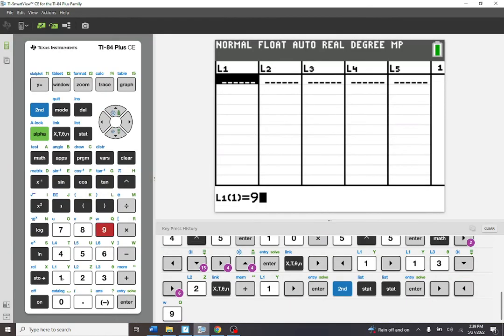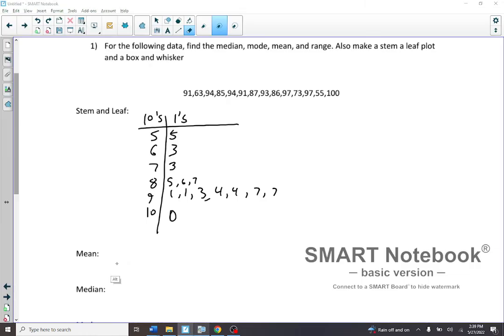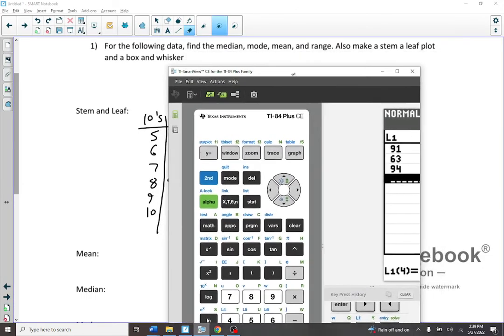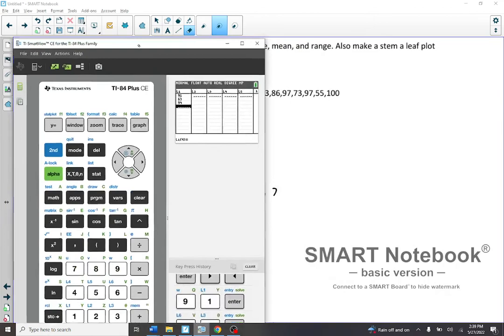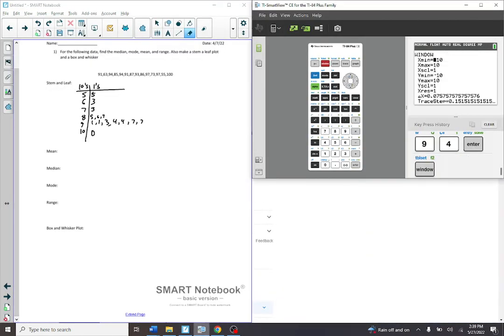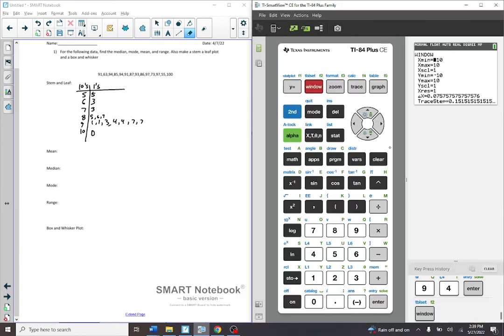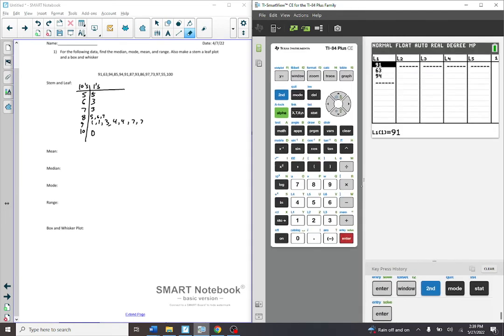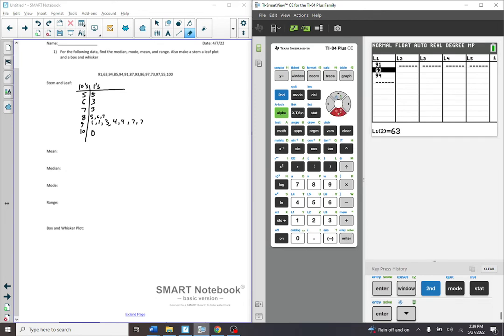So we have 91, 63, 94. Instead of bouncing back and forth, let me just do it like this. There you go. Let me go back to stats so I can do it. So we're at 91, 94. Let's do 85. 94.